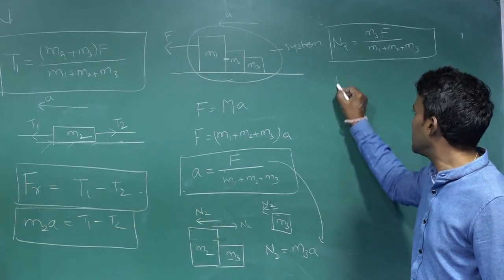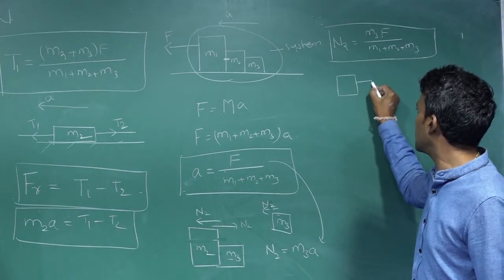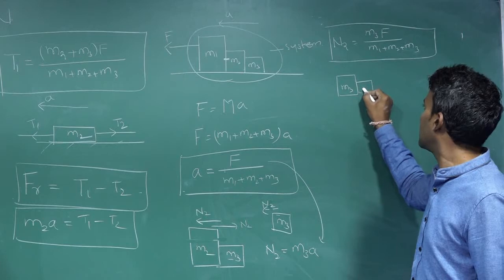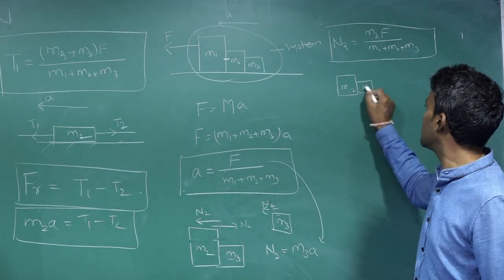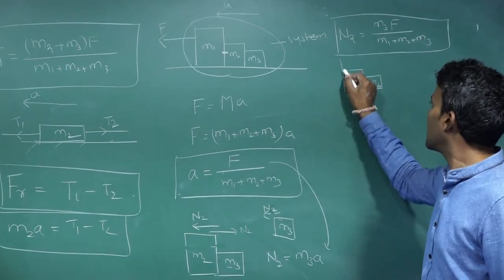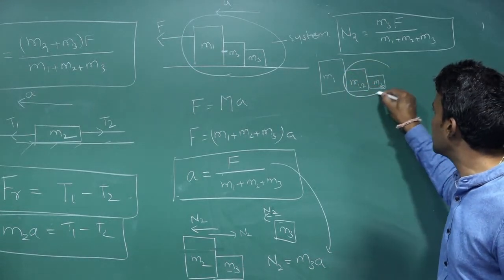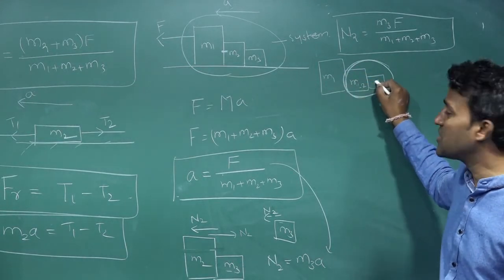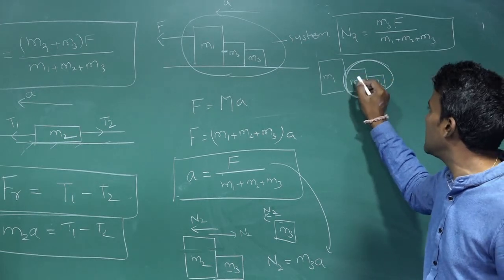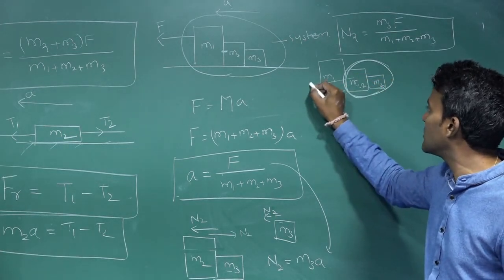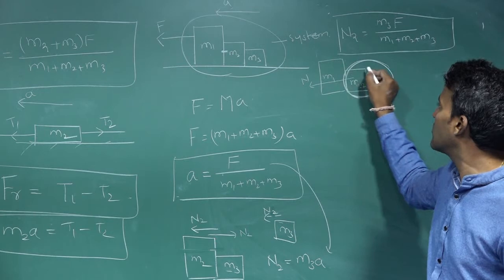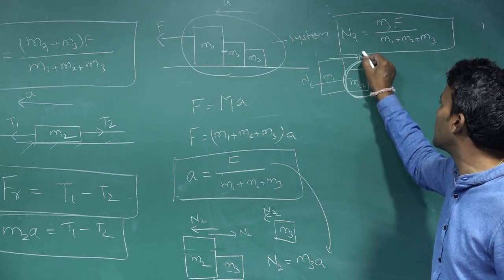Same as that. If the two blocks are M2 and M3, connected with M1, now I am considering M2 and M3 together as one system. At that moment, the normal force acting on this system is N1.